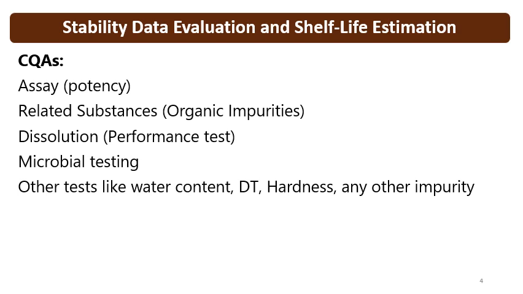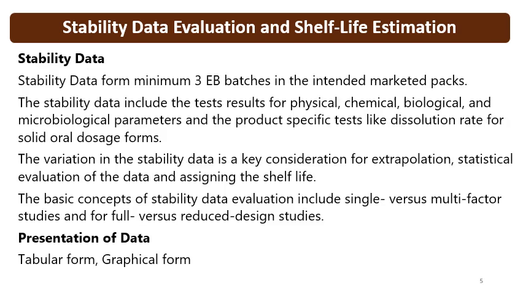Other tests are also done on the stability samples during the stability intervals and after completion of the stability period. Those tests are water content, disintegration time, hardness test, and any other impurity which the applicant wants to study during the stability period. So these are the CQAs which are evaluated in the stability studies.